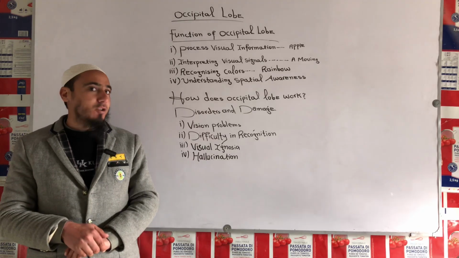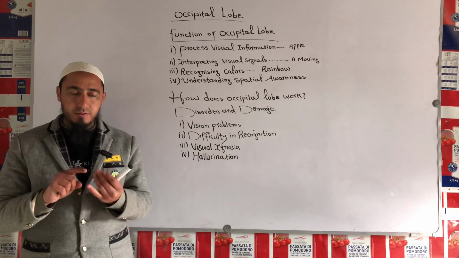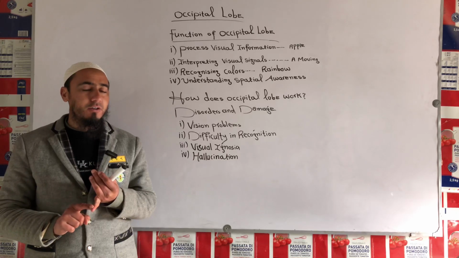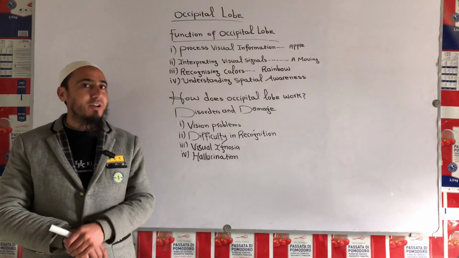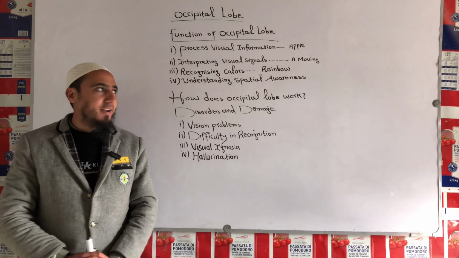After that, I told you different parts of the brain, such as the left frontal lobe, the left temporal lobe, and the main difference between brain and mind.